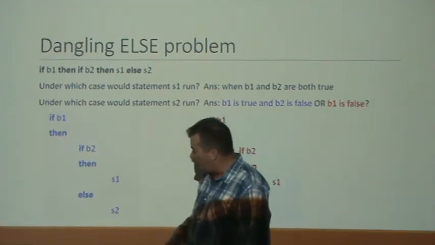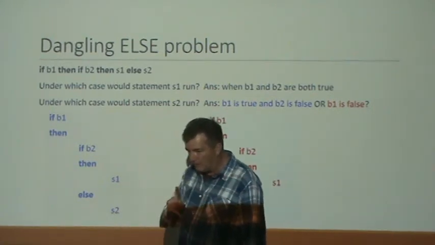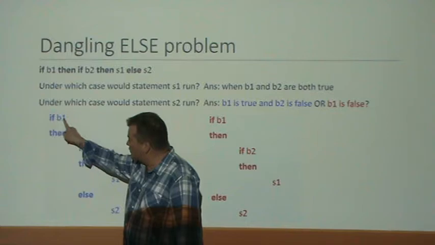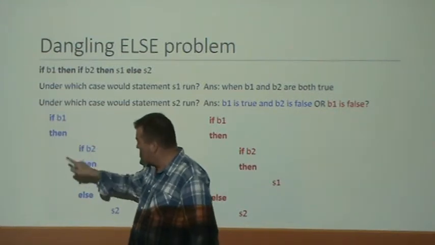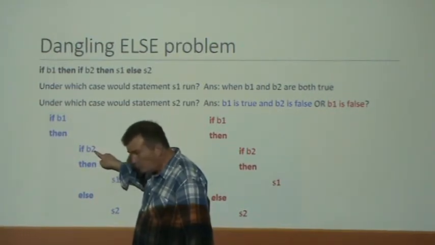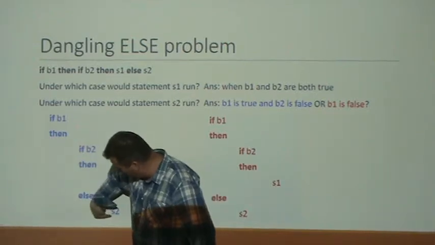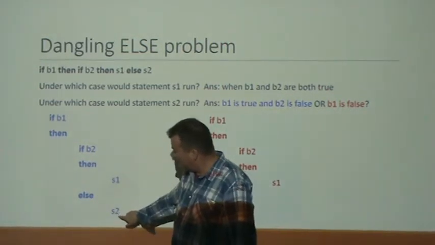And the only way statement 2 would ever run would be if Boolean expression 1 was true and Boolean expression 2 was false, so we go into the else. That's the only way it would run.